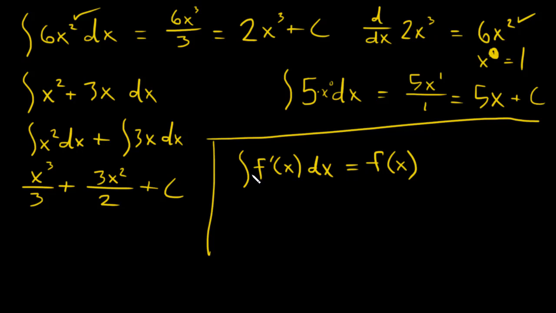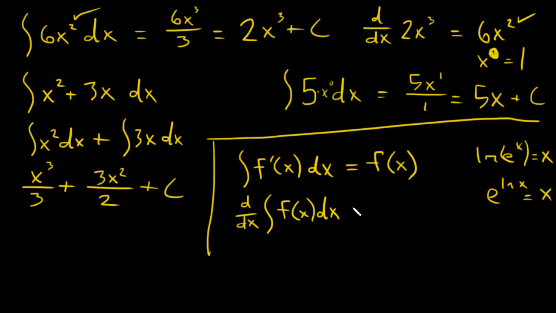It's kind of like the exponential of a natural log. They completely wipe each other out, like natural log of e to the x, it's just x, right? Or e to the natural log of x is x, because the natural log and the exponential wipe each other out. So same thing with the integral and the derivative. They completely negate each other, so I could also write it as the derivative of the integral of f of x dx is the original function. They cancel. Alrighty?